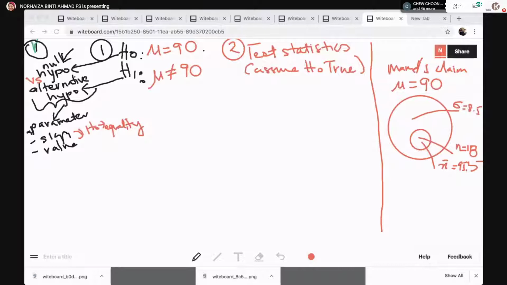Now, do you know your population variance here or standard deviation? So you do know your population variance, right? And standard deviation again. So therefore, which distribution are you going to use now?